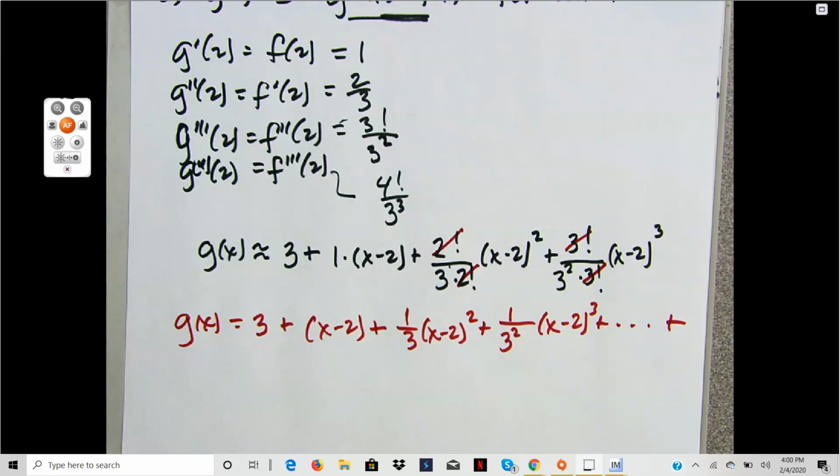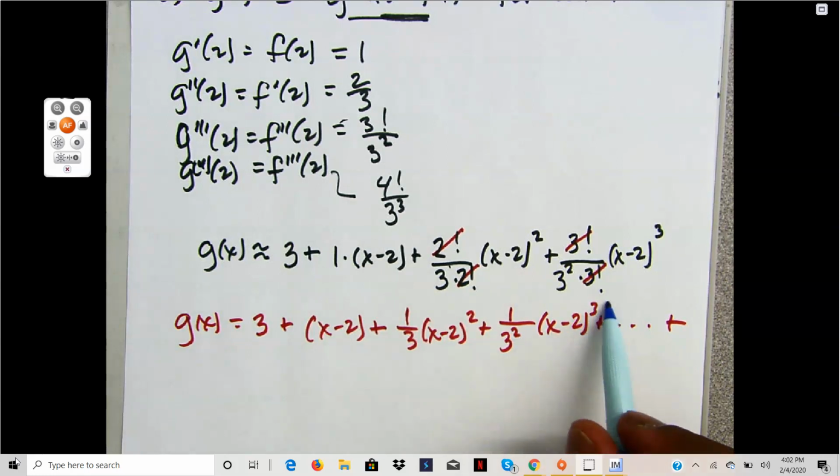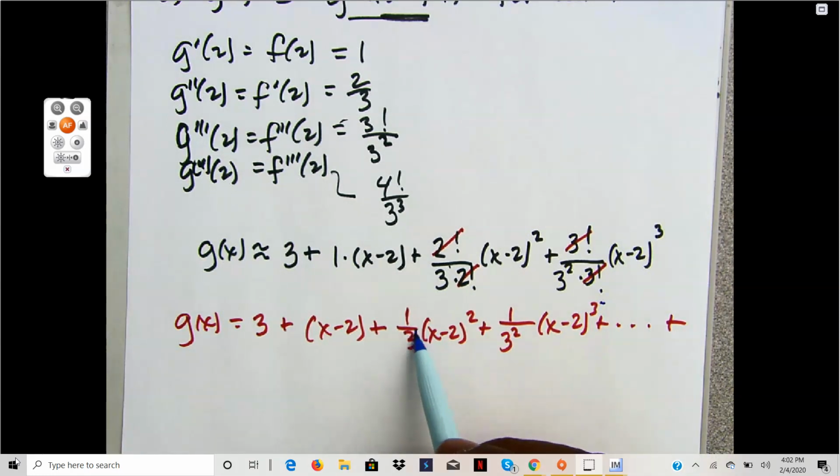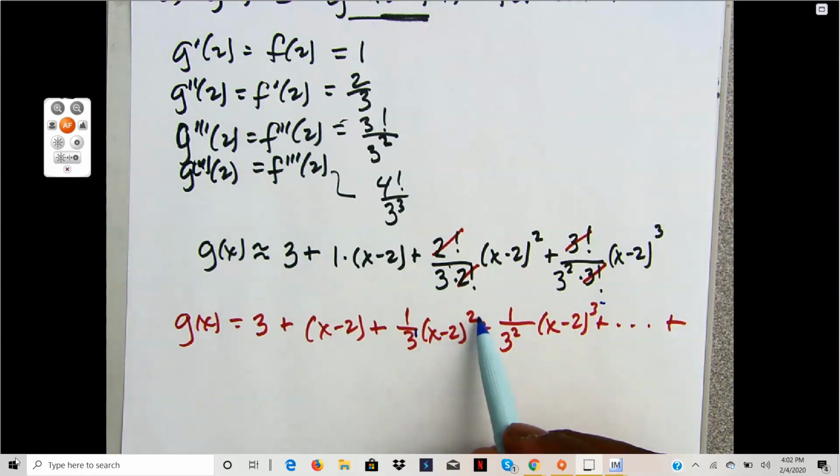So it looks like our general term, if we think of this here, is 1 over 3 squared, x minus 2 to the third. 1 over 3 to the first, x minus 2 squared.